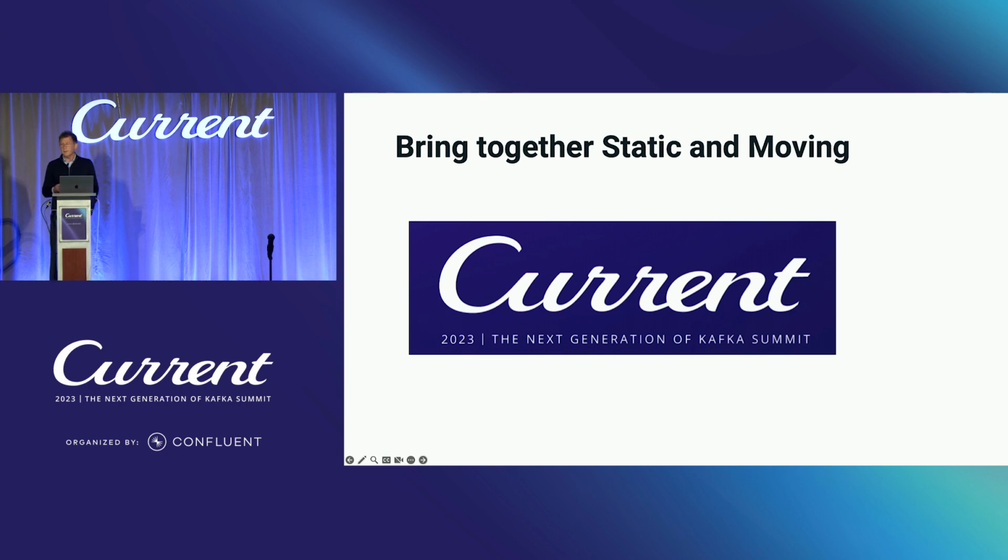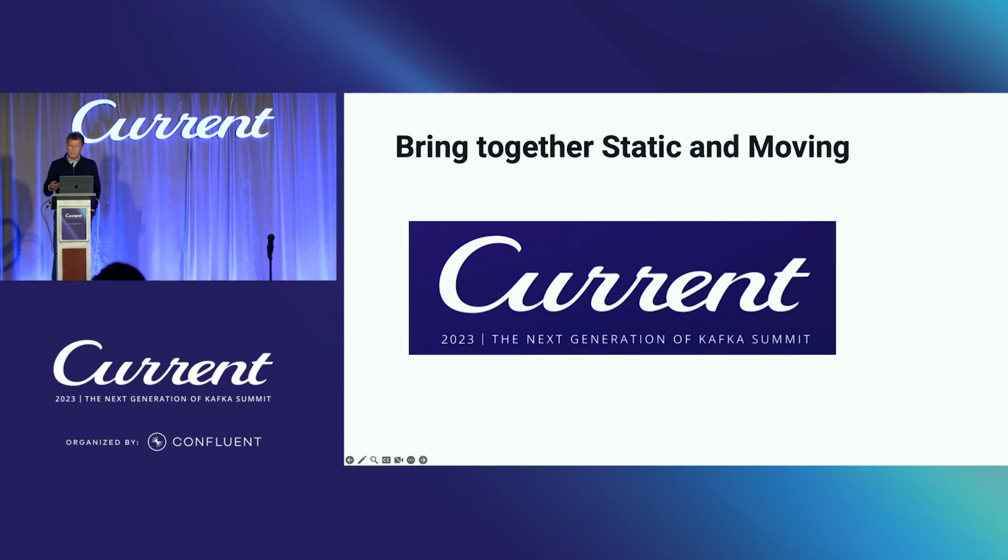So as we know, Confluent Kafka brings the static world and the moving world together. I mean the static world like classical databases, and with Kafka we can create real-time databases.